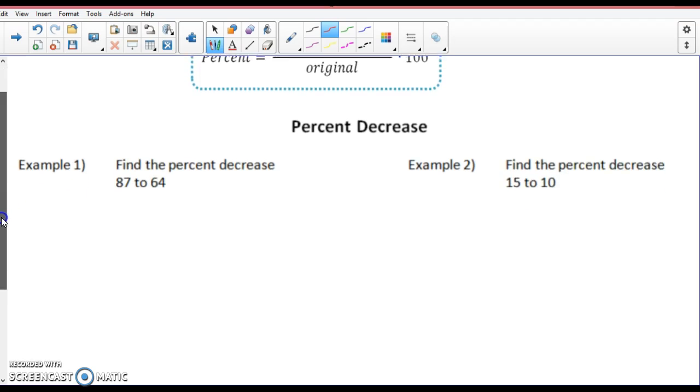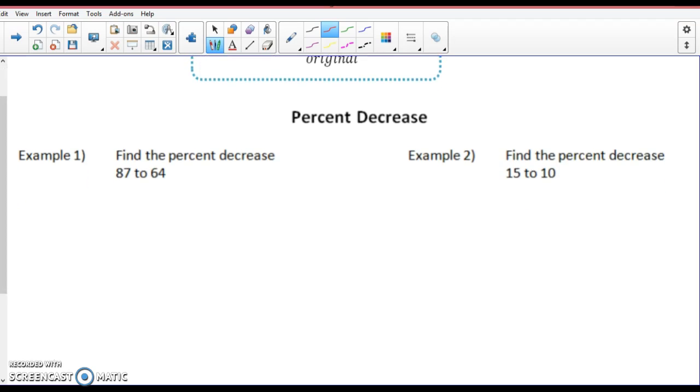Okay. This one. Find the percent of decrease. Well, how do I know that that's a decrease? It's going down, right? This is not rocket science. So, we're looking for our percent of change. X over 100 equals, find out how much it changed by subtracting 87 minus 64 over, what is the original here? Correct, the starting amount.